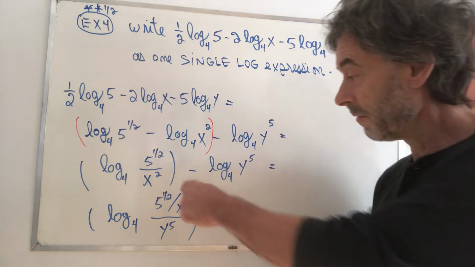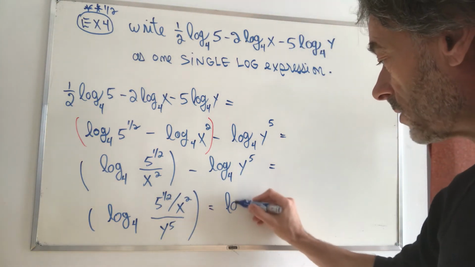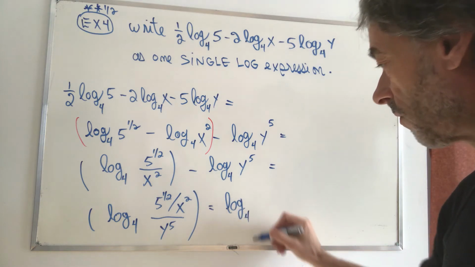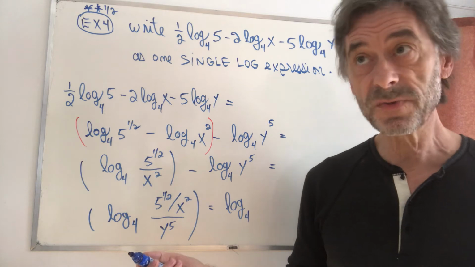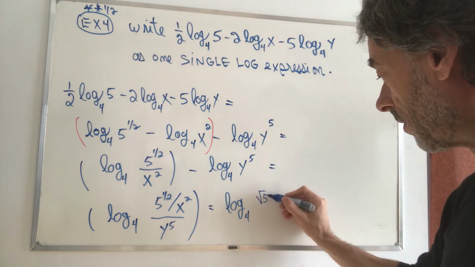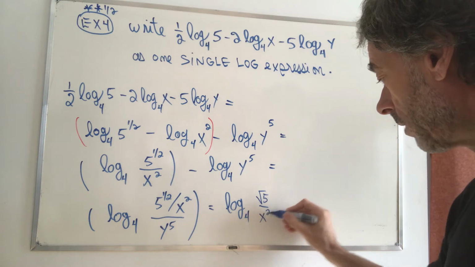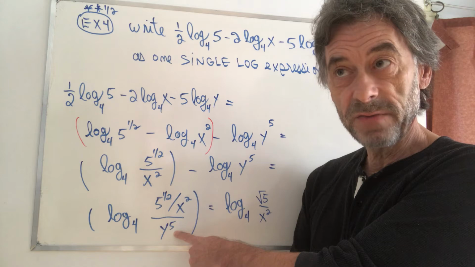Good. Now, I'm going to simplify this just a tad and write this as log to the base 4 of 5 to the 1/2. Can I write this otherwise? What's 5 to the 1/2 if not root 5? So root 5 over x squared, and this is divided by y to the 5.